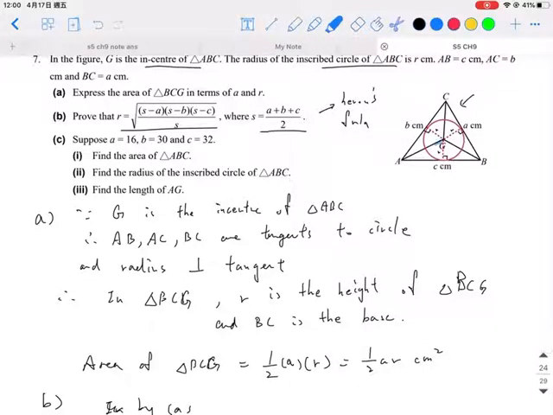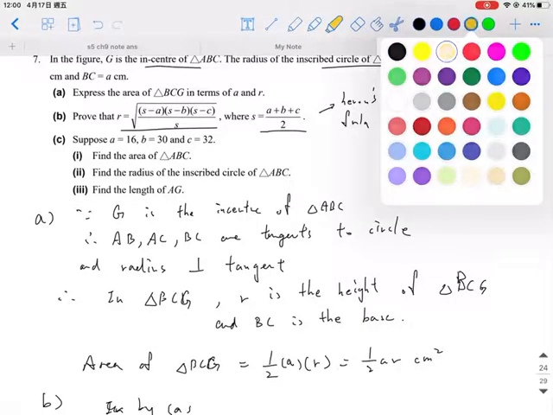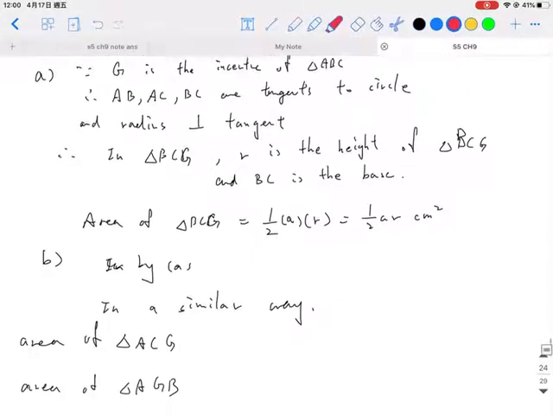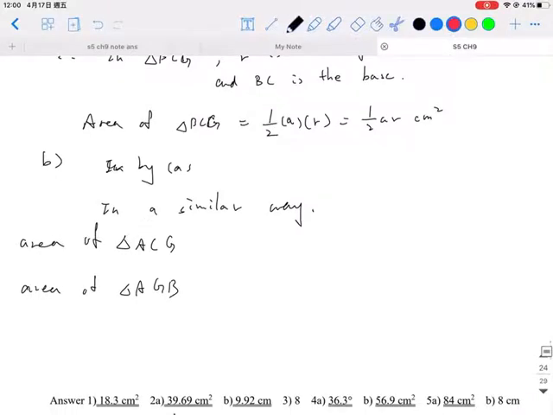These two triangles, the first one here and the second one here, should be like this. So one of them should be 1/2 BR, and another one is 1/2 CR.